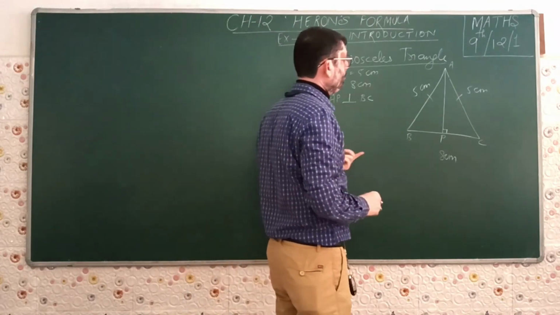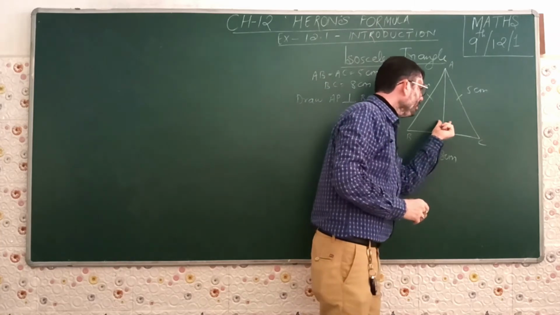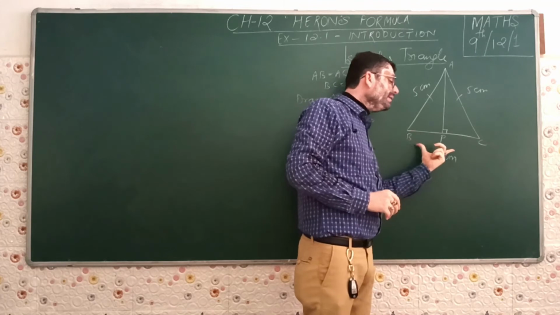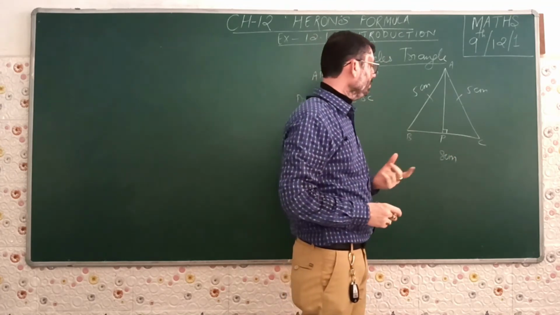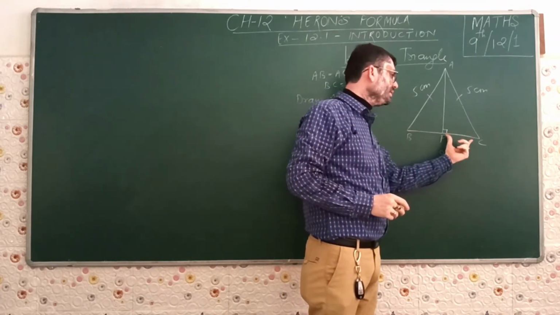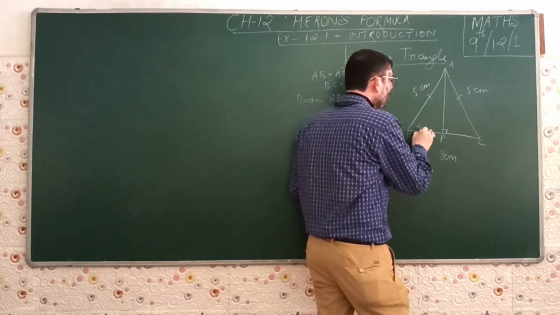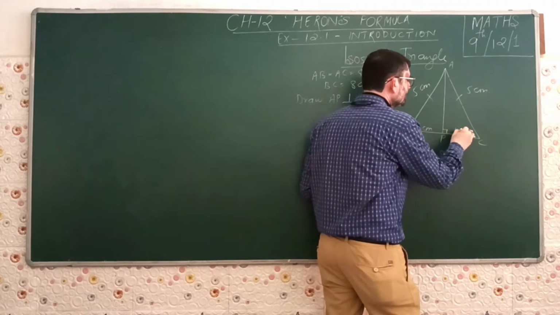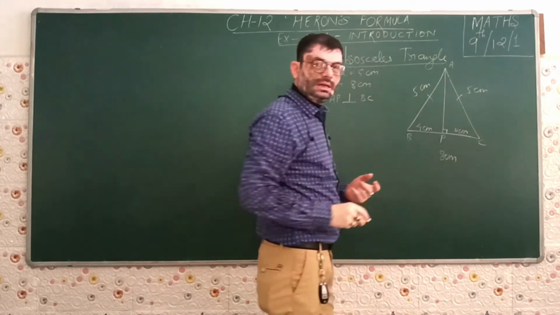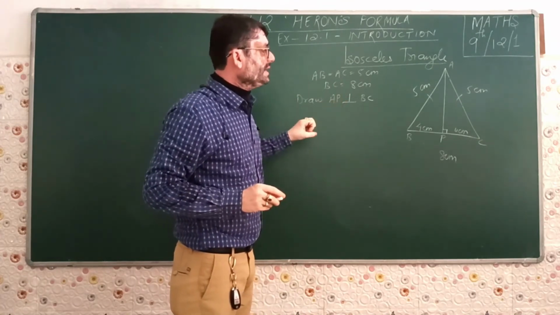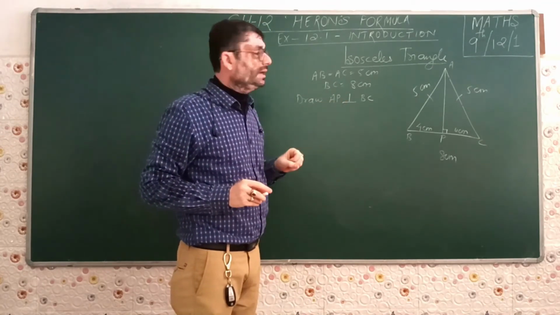So again, this will be the median AP, which means it will divide BC into two equal parts. BP will be equal to half of BC. The whole BC was 8 centimeters, so BP will be half of 8 centimeters, that is 4 centimeters and 4 centimeters. Now again, if you observe, we have a right angle triangle ABP.